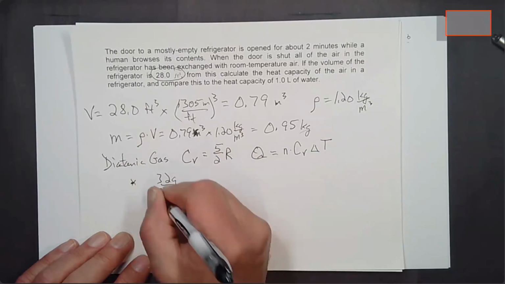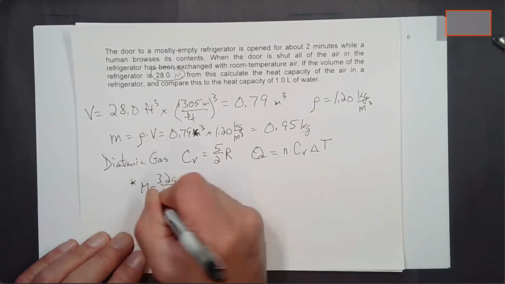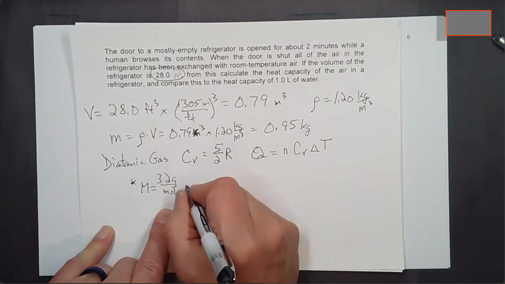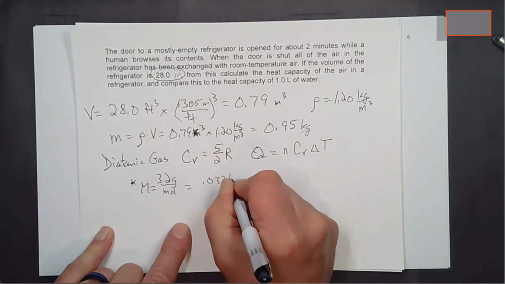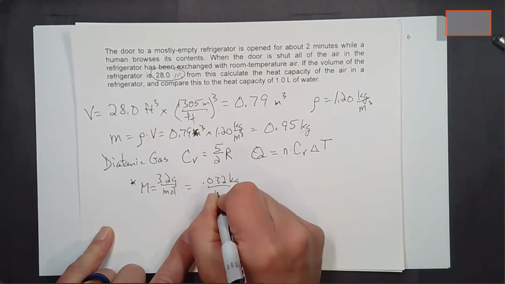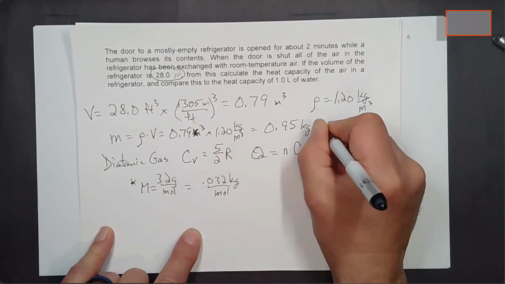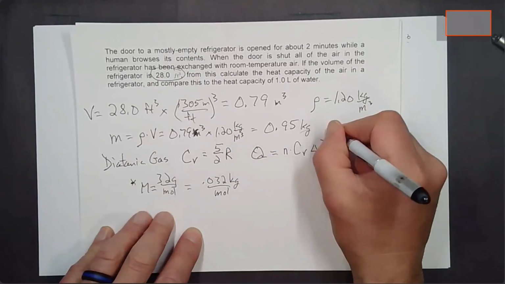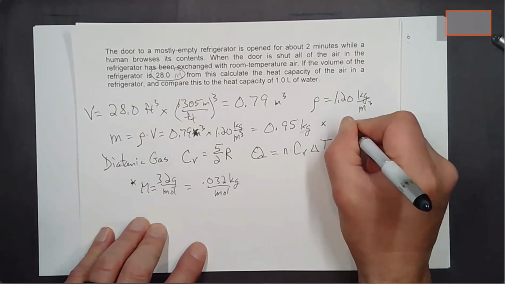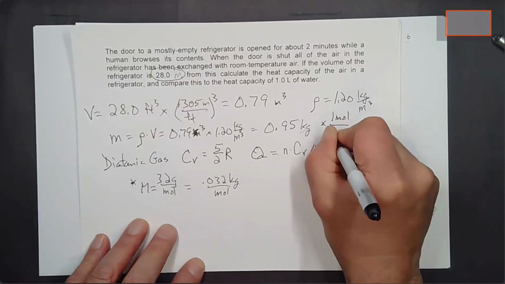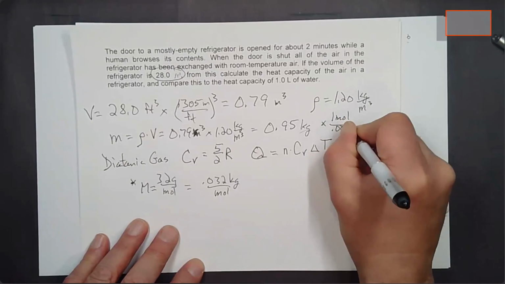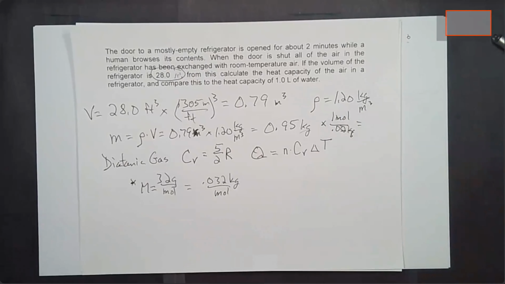That's the molar mass for oxygen and equals 0.032 kilograms per mole. So if I take this 0.95 kilograms and multiply it by 1 mole over 0.032 kilograms, I'll get the number of moles if we just had pure oxygen in there.